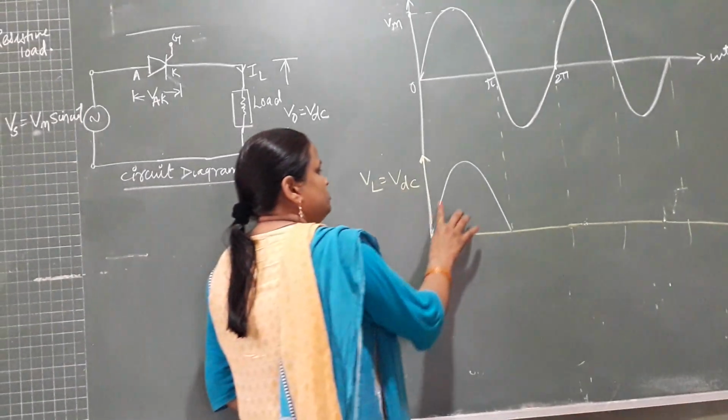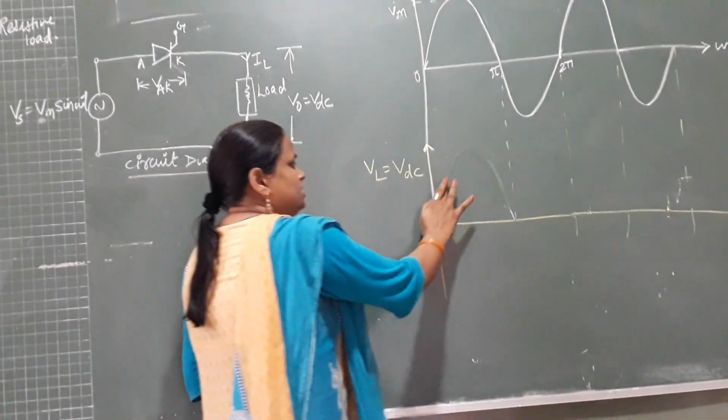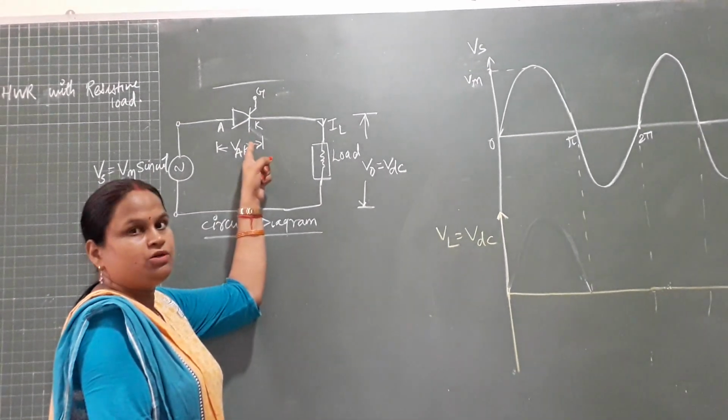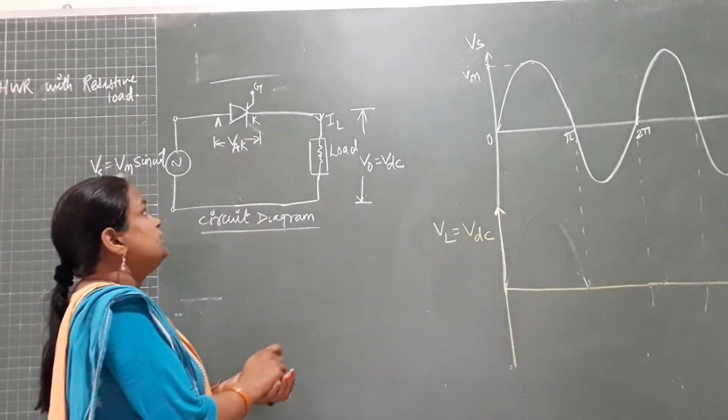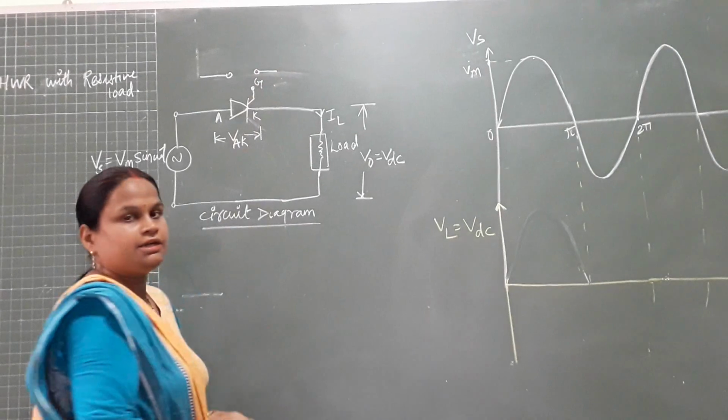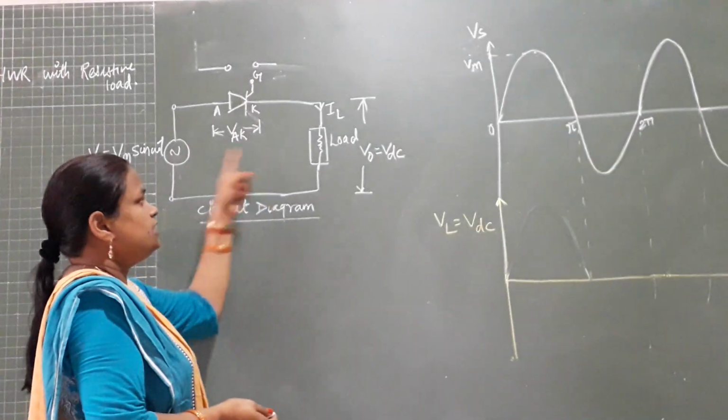But that will not be the case with an SCR unless you apply a gate signal. Although the supply is positive, the switch will not be on, and when the switch is not on, it acts like an open circuit between supply and load.